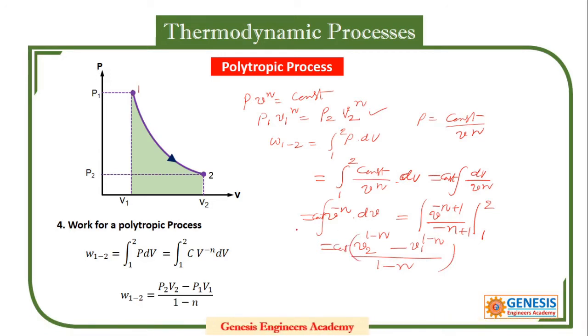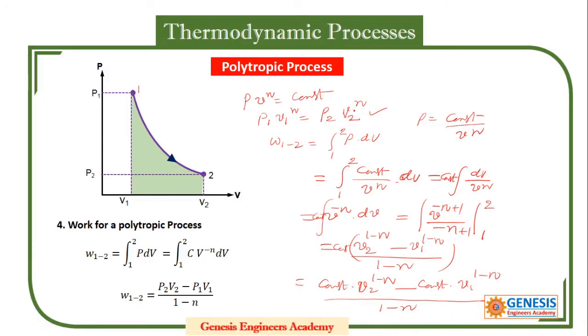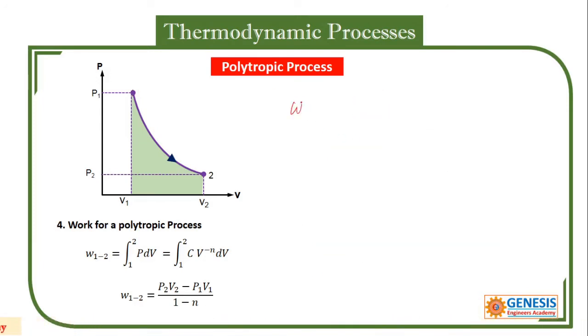So if I replace this one, constant V2 to the power of 1 minus n, again constant into V1 to the power of 1 minus n by 1 minus n. Okay, so this 1 minus n will become, that is 1 to 2 constant. In the first case, I will replace for constant P2 V2 to the power of n, and here P1 V1 to the power of n into V1 to the power of minus n by 1 minus n.